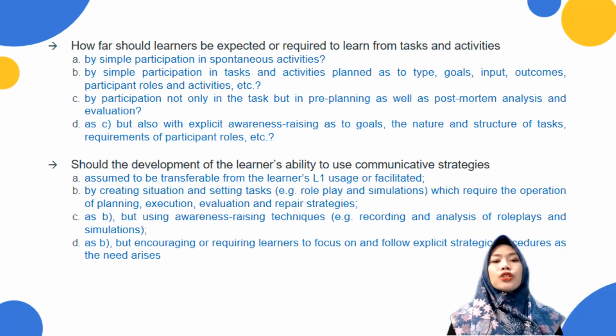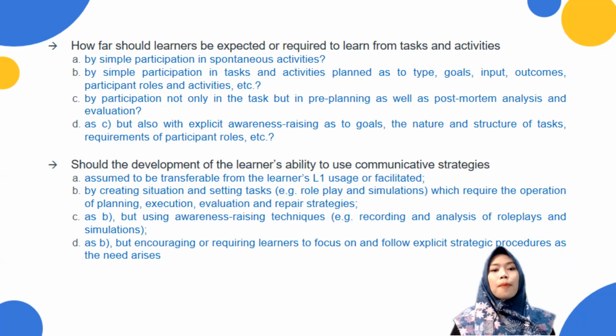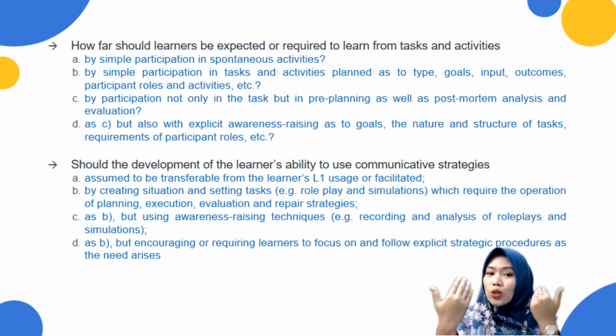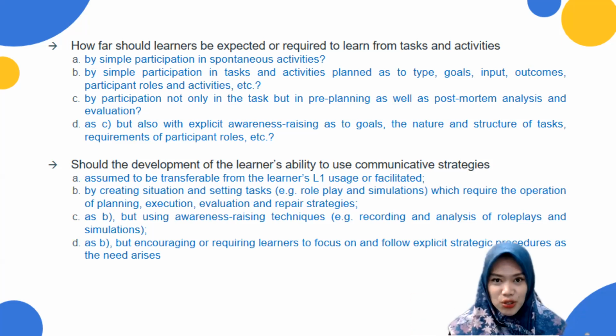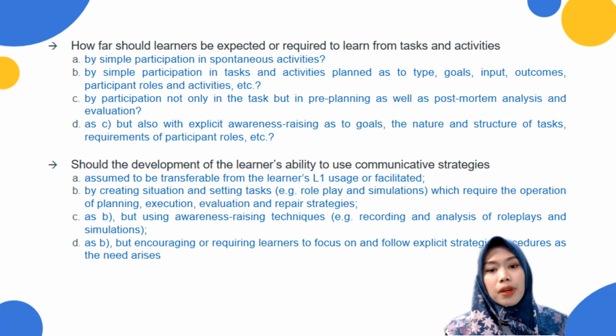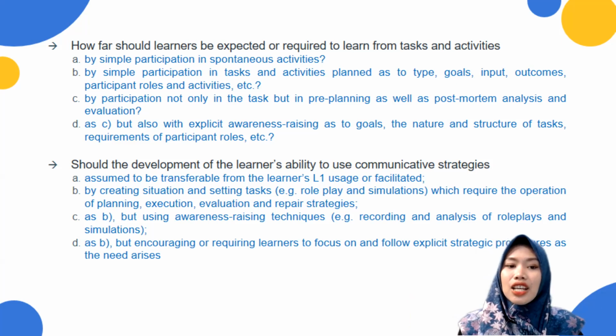And the next is how far should learners be expected or required to learn from tasks and activities? By simple participation in spontaneous activities. By simple participation in tasks and activities planned as to type, goals, input, outcomes, and then participant roles in activities, etc. By participation not only in the task, but in pre-planning as well as post-mortem analysis and evaluation.